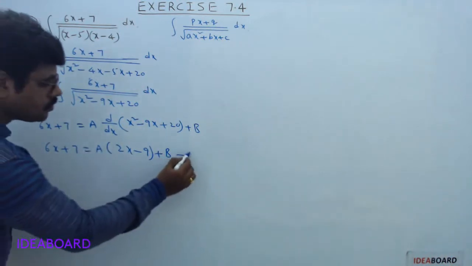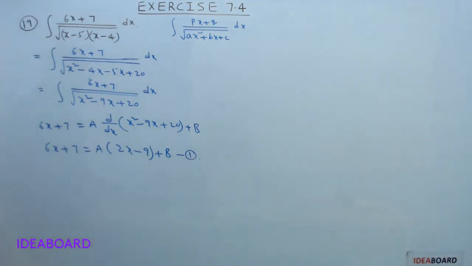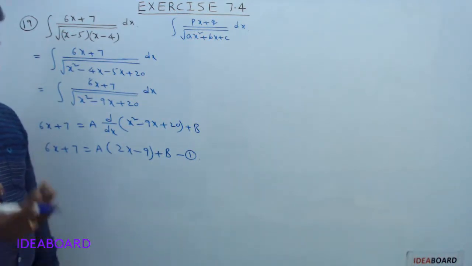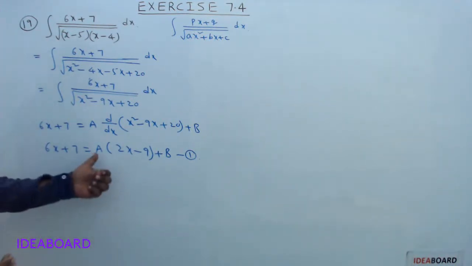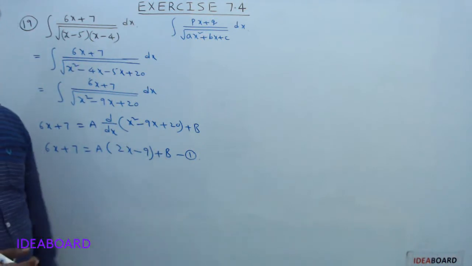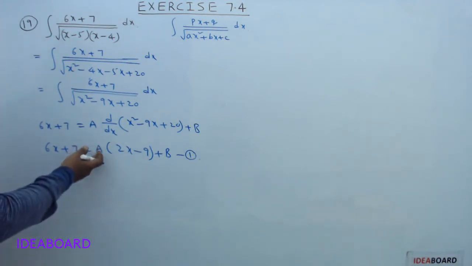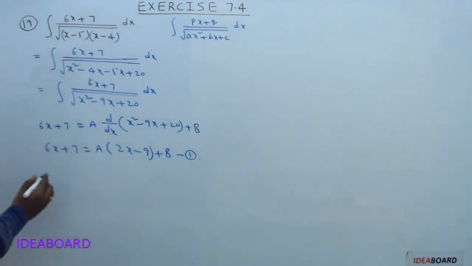Call it equation 1. Now here a and b are the unknown values. How to calculate the values of a and b? Comparing the coefficients of x and constant terms, you will get the values of a and b.